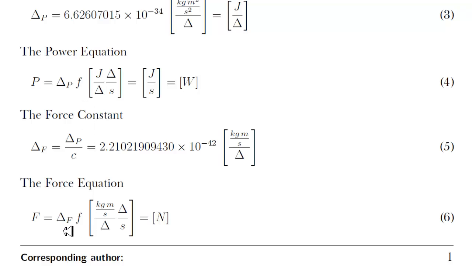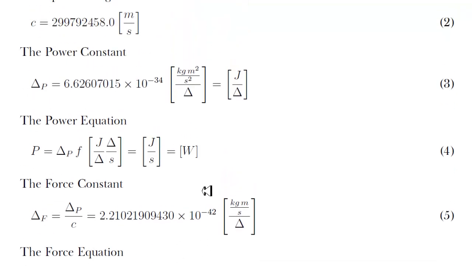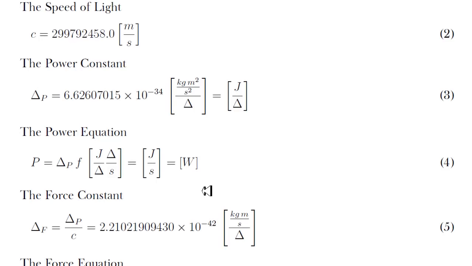The cycle of force has units momentum per cycle, and frequency has units cycle per second, and so the cycle terms cancel, and you end up with kilogram meters per second squared, which of course are the units of force, or the Newton. So these are all the tools we're going to use to solve the laser problem.